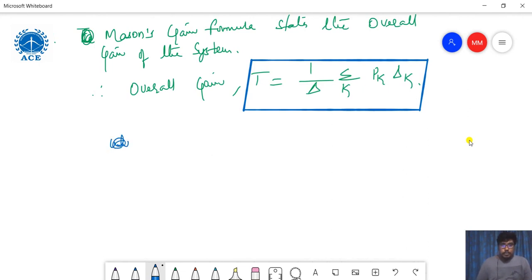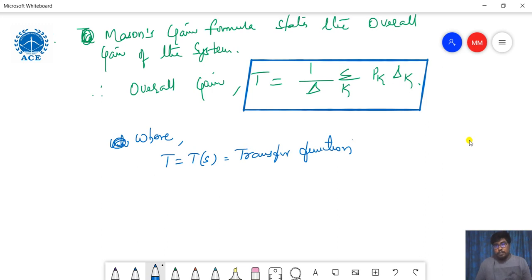Here, where T or T of S is equal to the transfer function of the system.